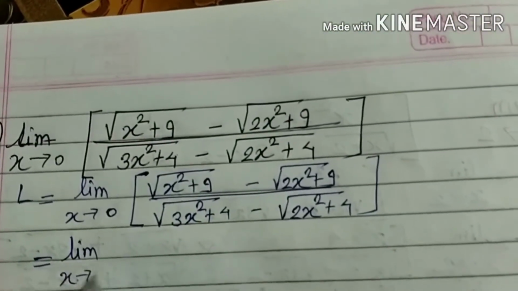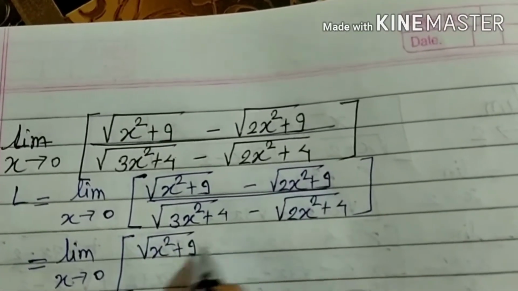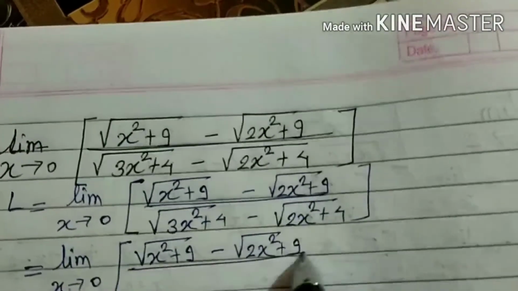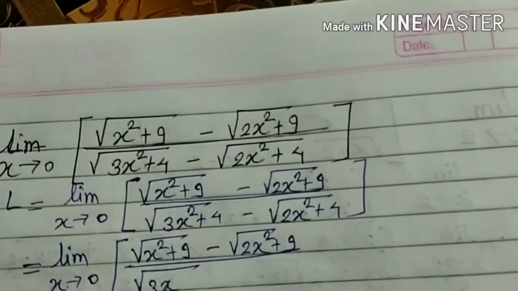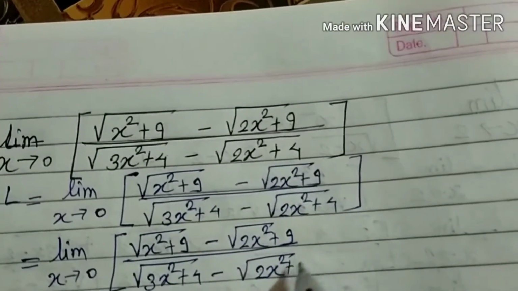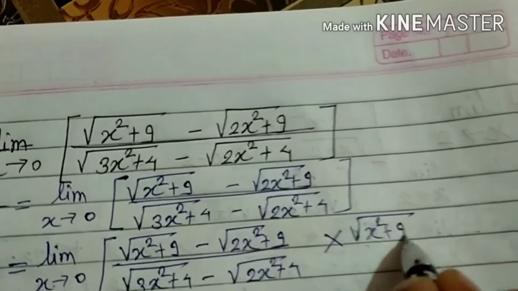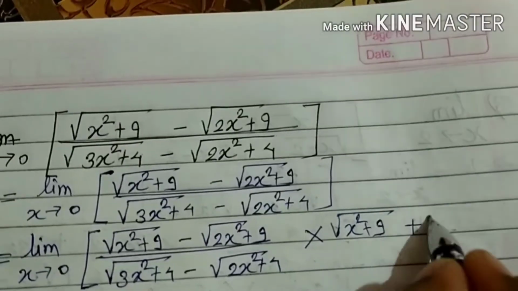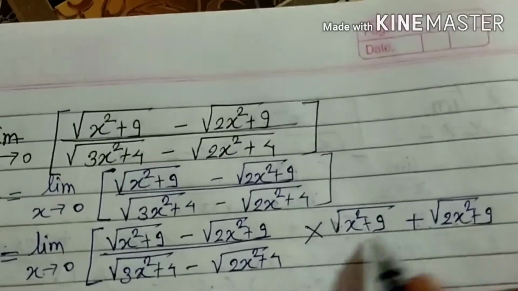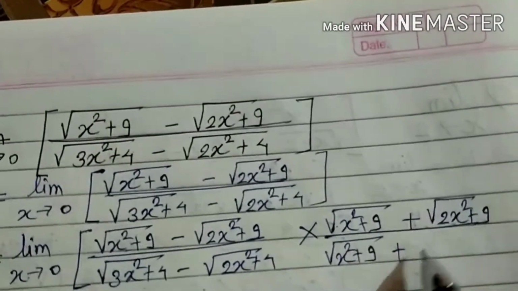So write denominator as it is, and conjugate of this, root of x square plus 9 minus under root of 2x square plus 9. So take conjugate. Conjugate means only change in sign, and the remaining terms are as it is. You can observe that both the terms are same and divide by same term.